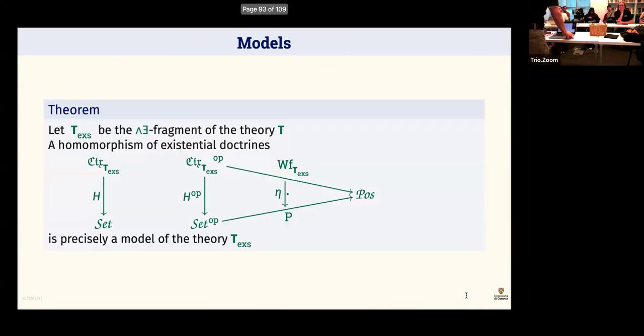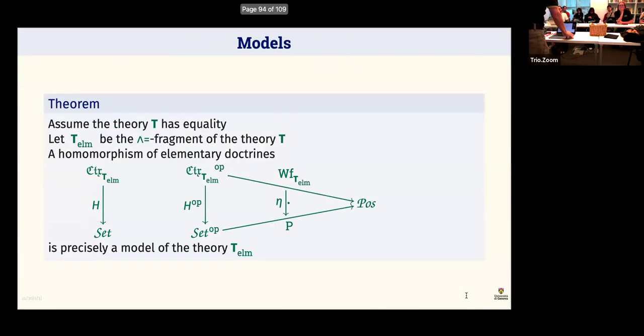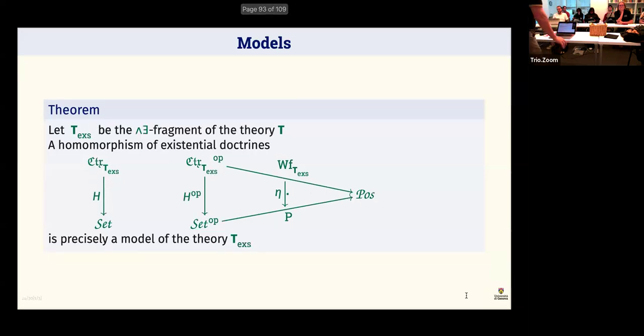And skipping the rest, what one would expect precisely is that if I have a theory and I consider the appropriate fragment, which let me speak in the doctrine of over the context of certain bits of structure.